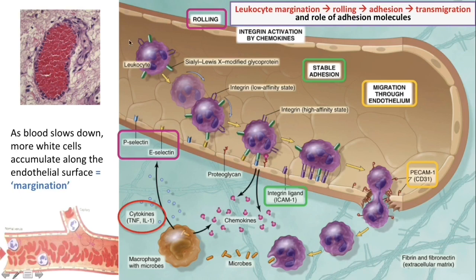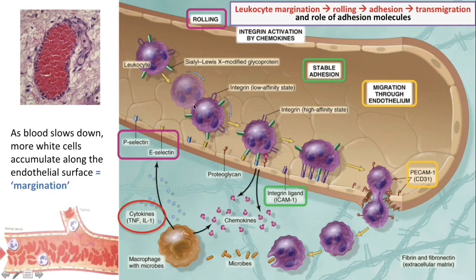So once they have marginated to the surface of the endothelium, they will begin to roll. So they roll on the endothelial surface, and subsequently they will form brief, transient adhesions, and eventually they form stable adhesion onto the endothelium.